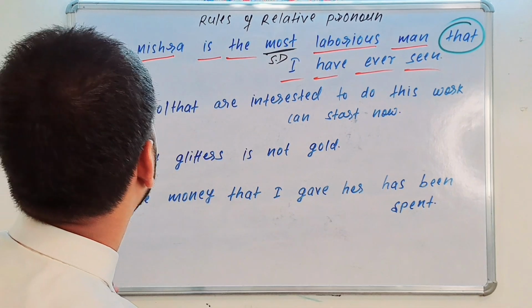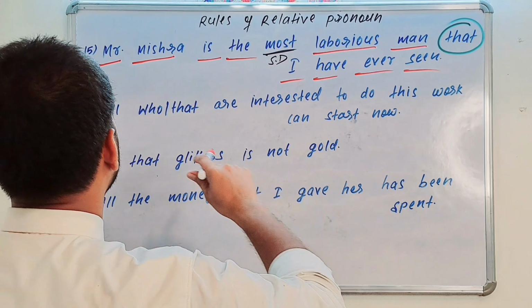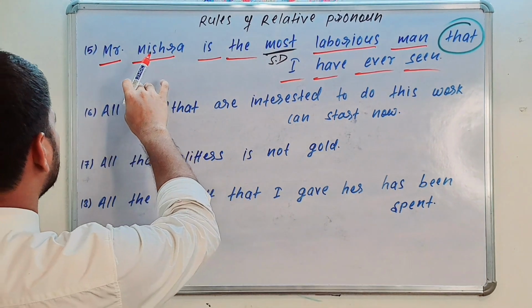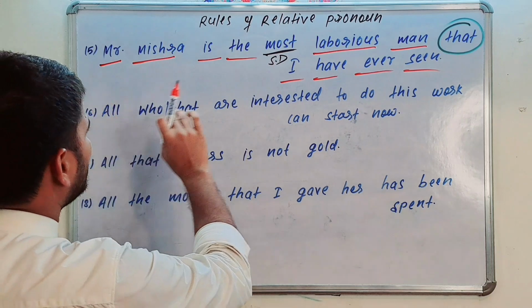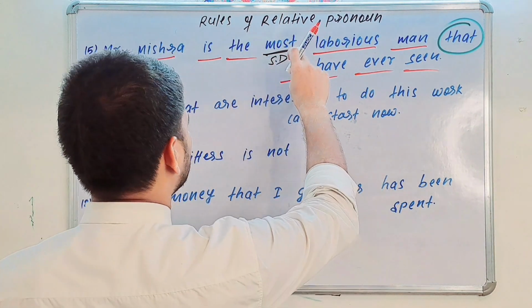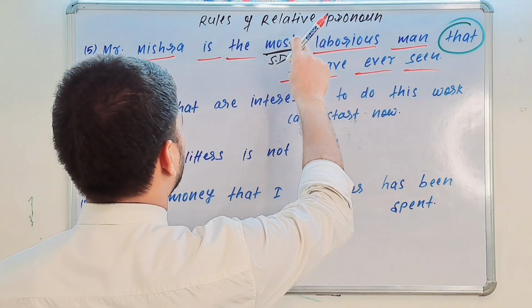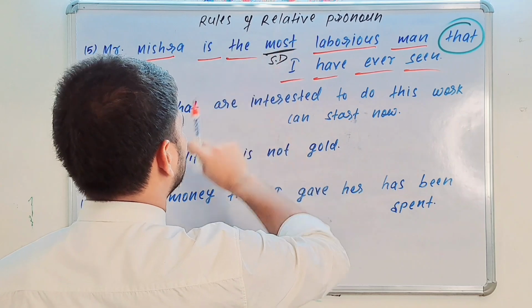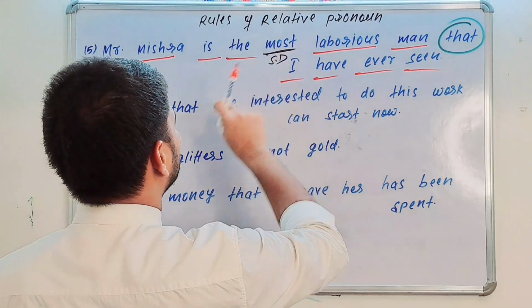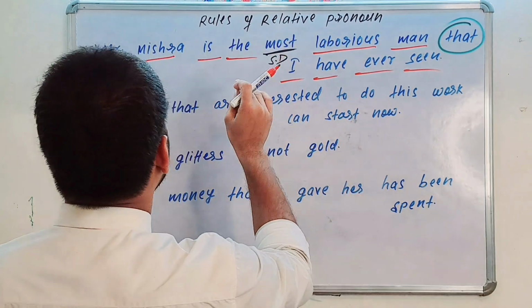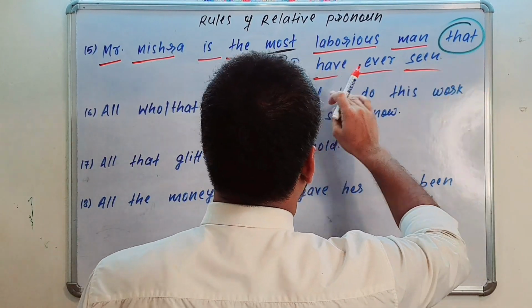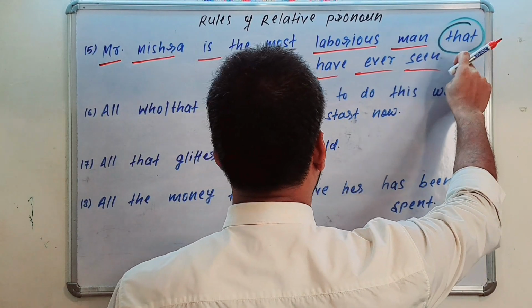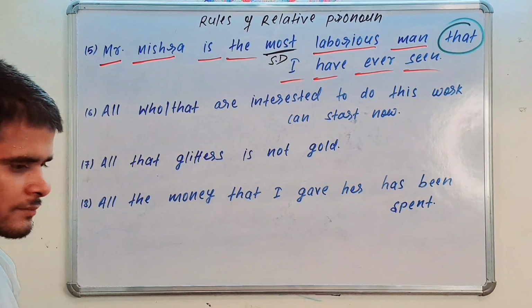Concentrate and try to understand the fourth most important rule from the fifth example. Basically, in this sentence the word most is a superlative degree, and after that, in Mr. Misra is the most laborious man that I have ever seen, the word that is a relative pronoun.